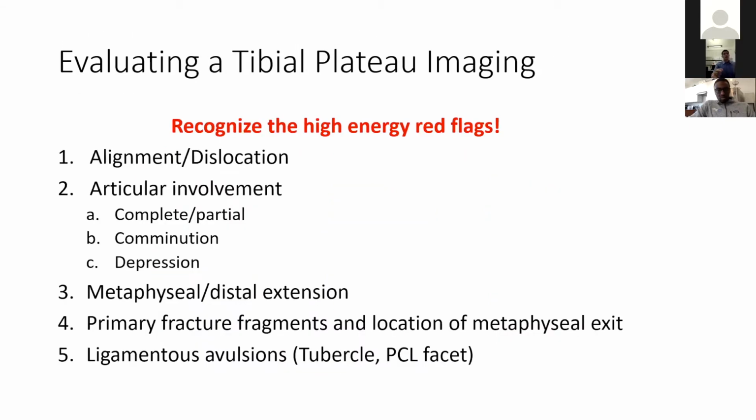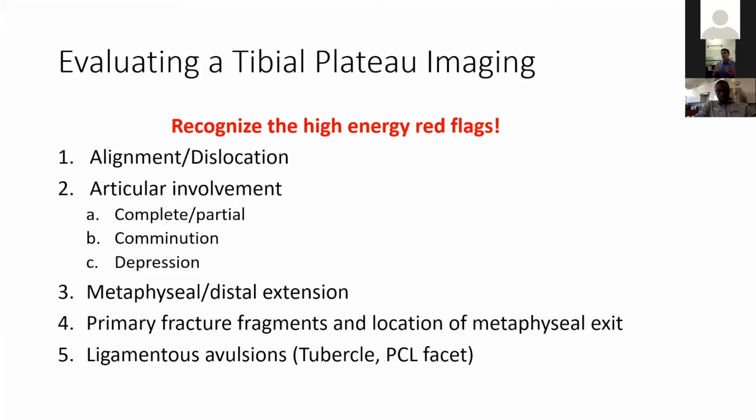So when you're evaluating the imaging, this is a rough breakdown of how I go through it. Number one, you need to recognize the red flags. That's the entry level, because you're going to get phone calls about tibial plateau fractures, and you need to know which ones are bad and which ones are okay. Then I look at the overall alignment of the limb. Number two, you look at articular involvement.